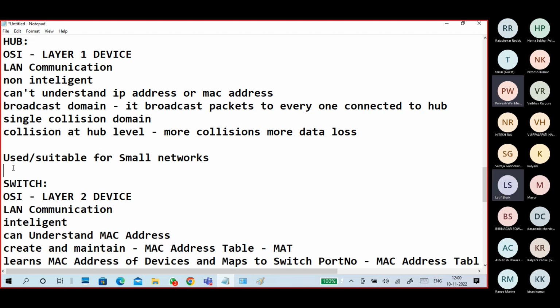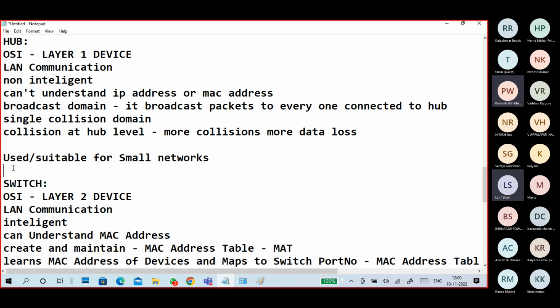It is like that: more devices means more collisions, and more collisions mean more data loss. That's why we don't use it for big networks. Small network means the number of devices is lesser, like 3, 4, 5, 6 only.